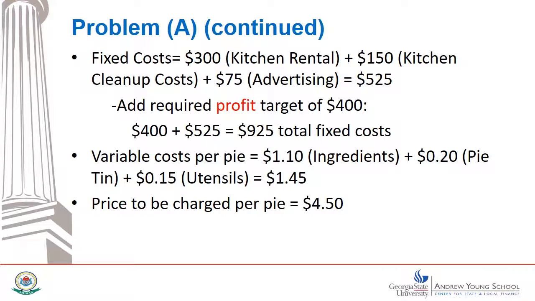We then add the required profit target of $400, which makes a total of $925 in total fixed costs. Variable costs per pie are $1.10 for the ingredients, 20 cents for the pie tin, 15 cents for the utensils, totaling $1.45 per pie. The price to be charged per pie, we've already said, is $4.50.